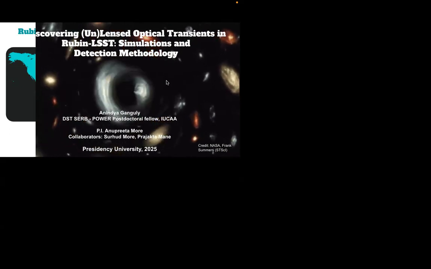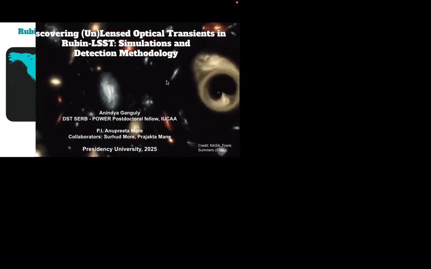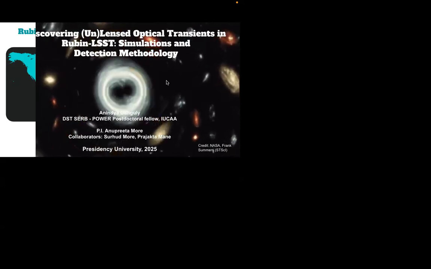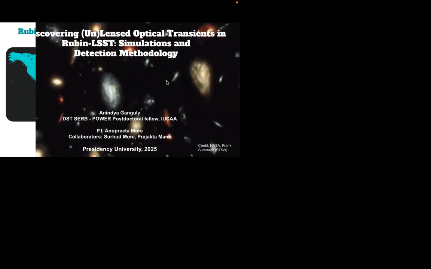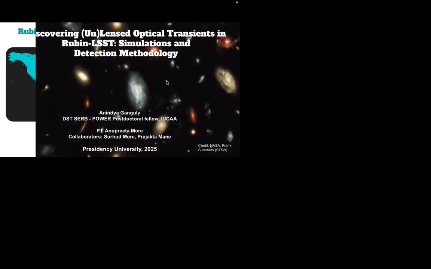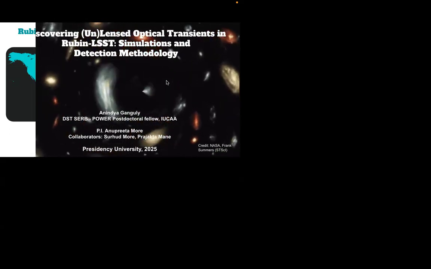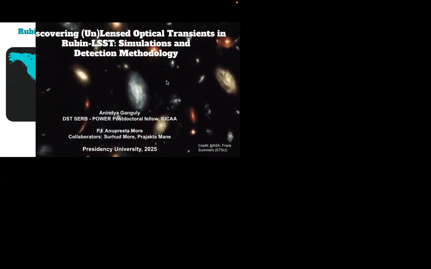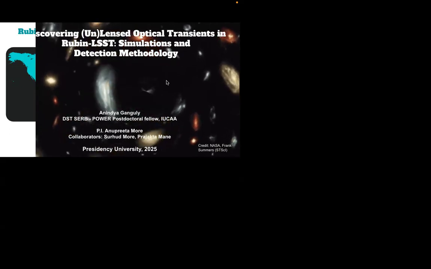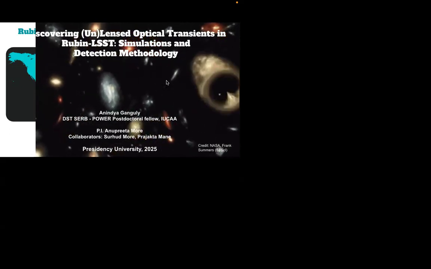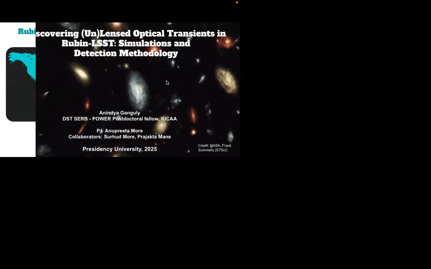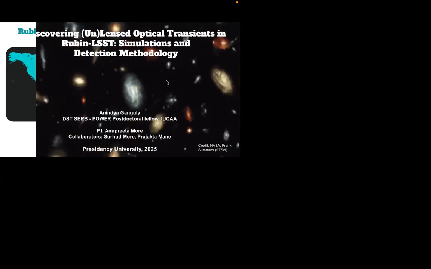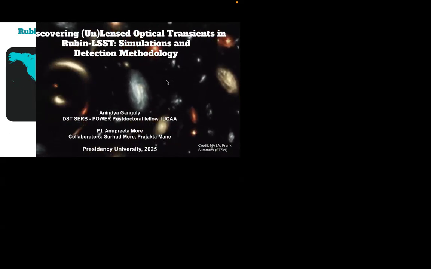And so Anindya has done different things in his PhD and postdoc years, and he's going to talk today about potential sources to be discovered in the new Rubin survey that's going to start very soon. It's one of the biggest projects in astronomy ever, and we are eager to hear about that from Anindya.